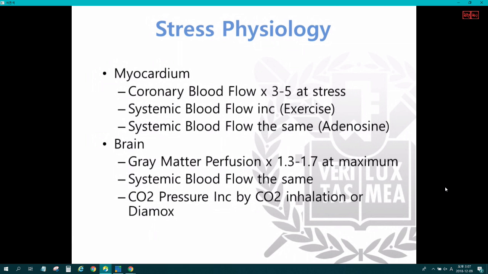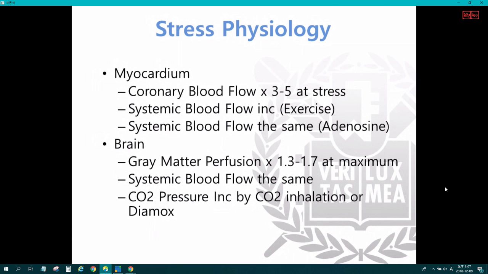And SPECT is quite popularly used, and it is not going to die. But different from the heart, in brain gray matter perfusion there is no cardiac output increase. Brain perfusion increases when you think, or inhale CO2.